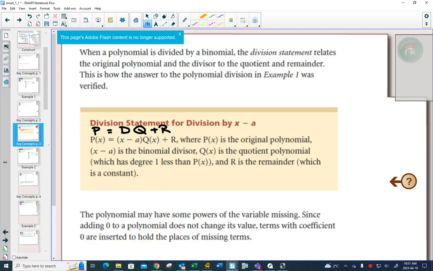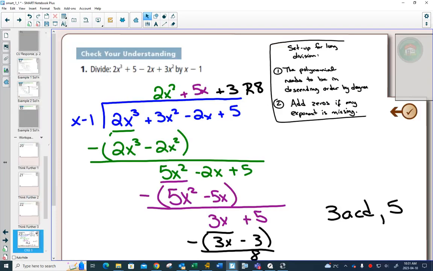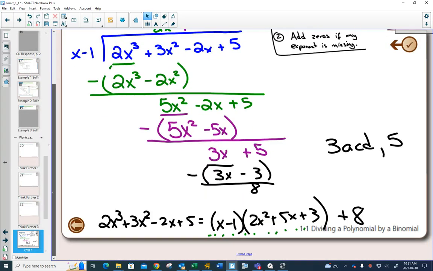And if we look at the example that we just completed, we wrote out the division statement, what it meant in the end. This is your polynomial. It's equal to what you divided by.